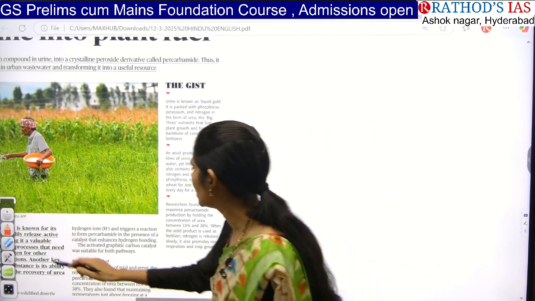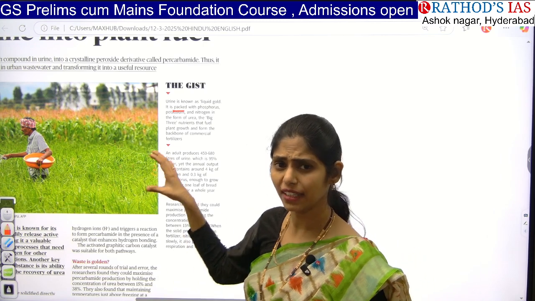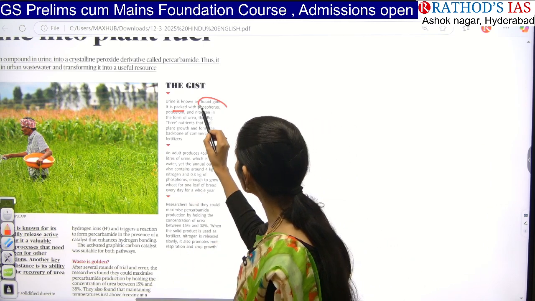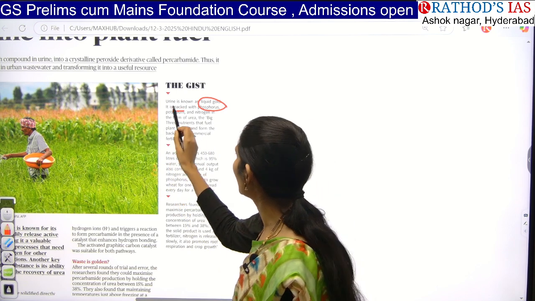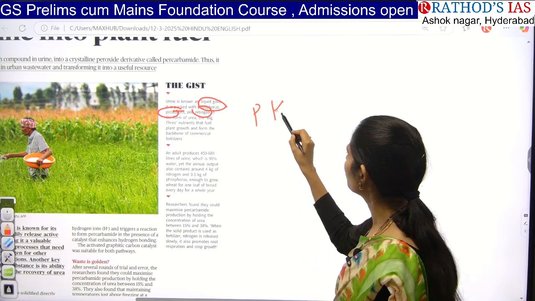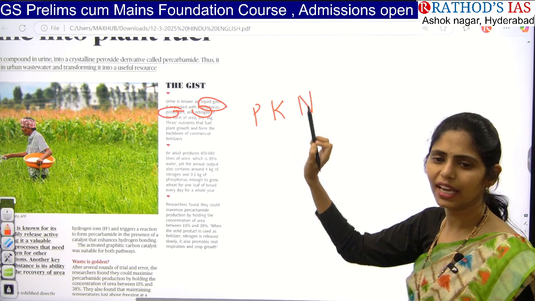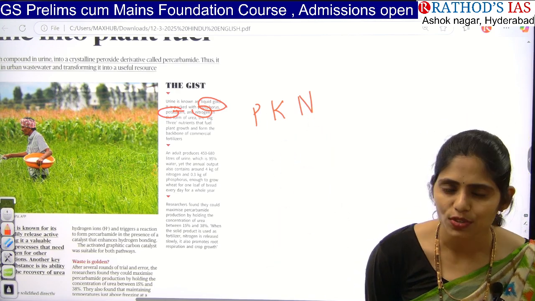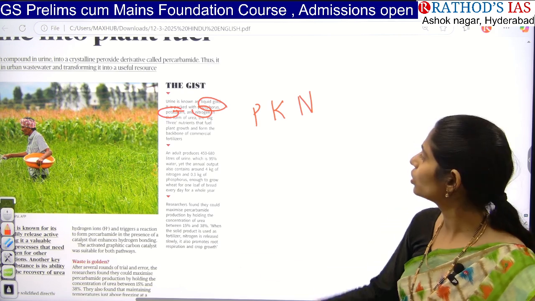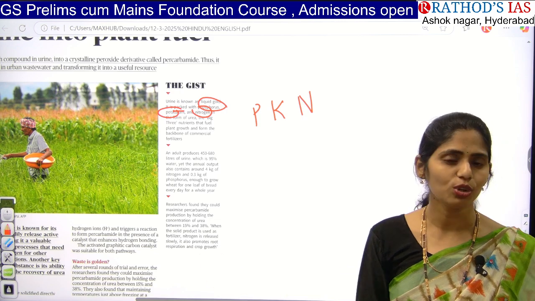Urine is known as liquid gold and it is packed with, that means urine contains, phosphorus, potassium and nitrogen. So this NPK is the important set of components required for plant growth, right? These components are also present in human urine.